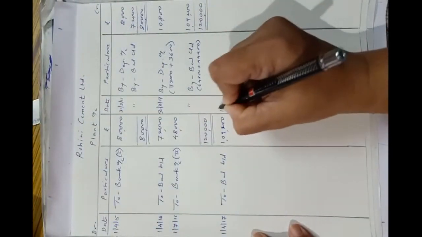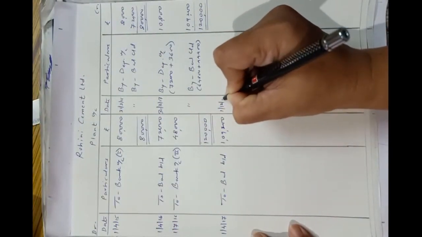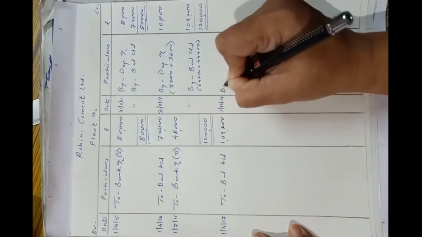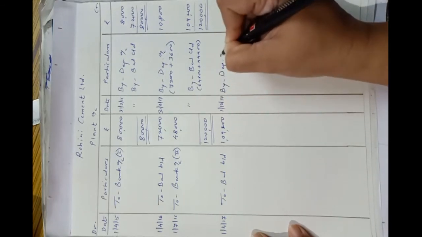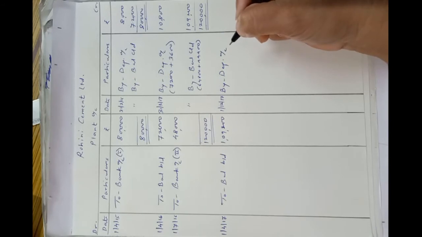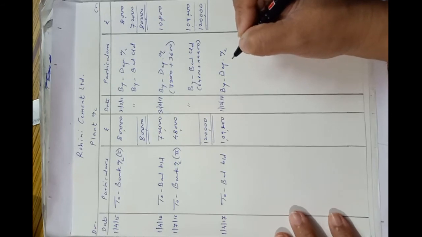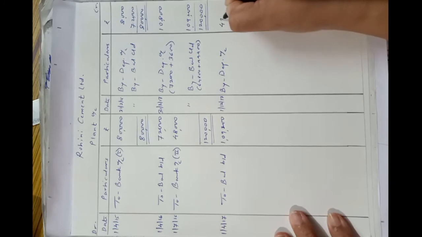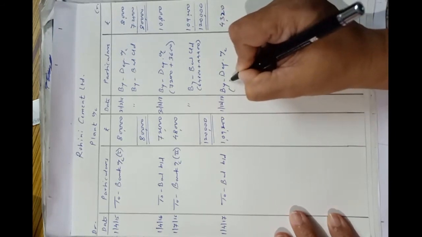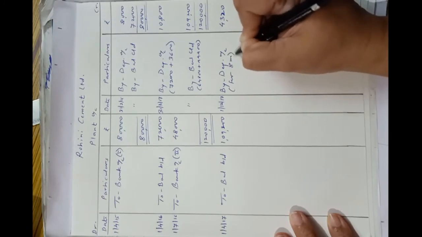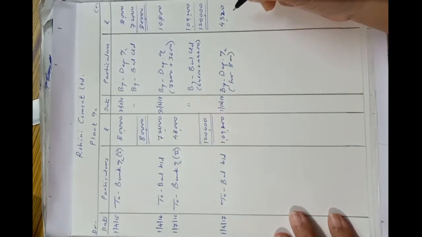So let's pass the entries. On 1st December 2017, by depreciation account. This is a day in the middle of the year, so only the depreciation of the machinery being sold is calculated. So we have calculated that depreciation for 8 months, 4320, for 8 months.